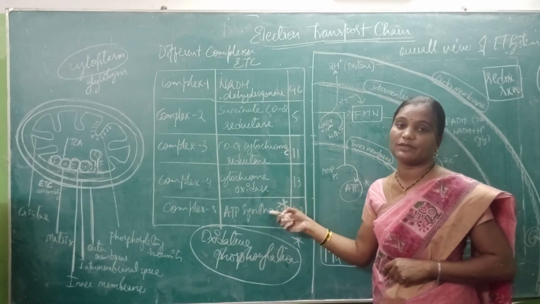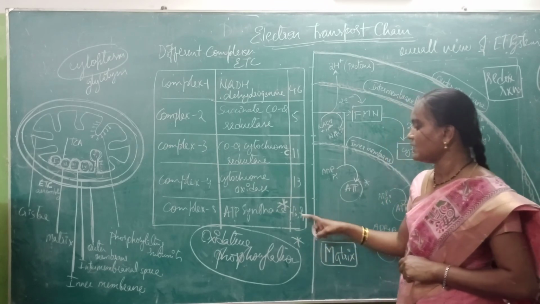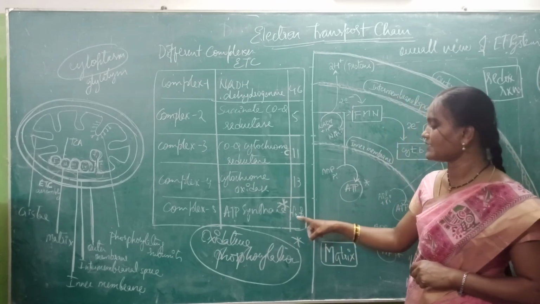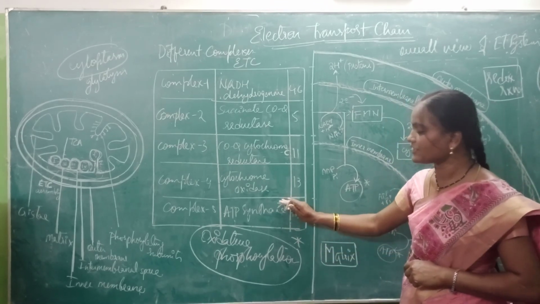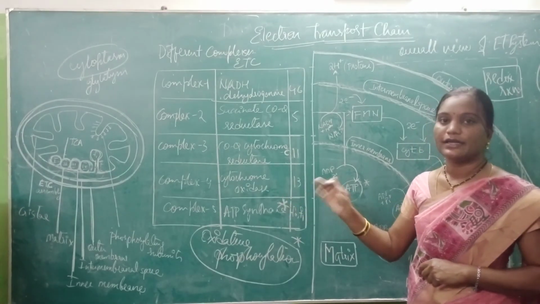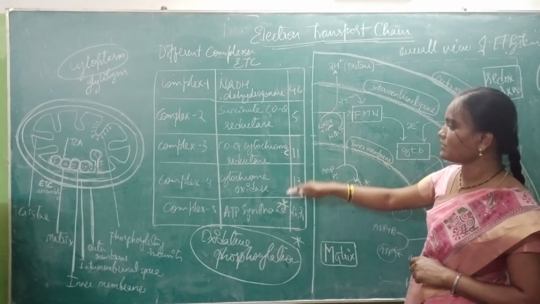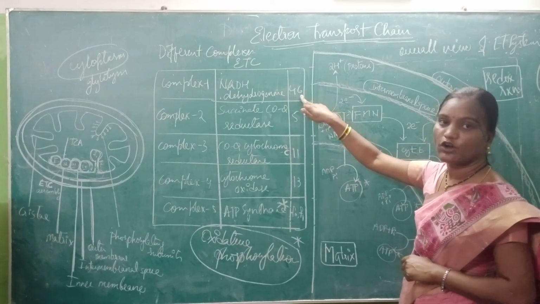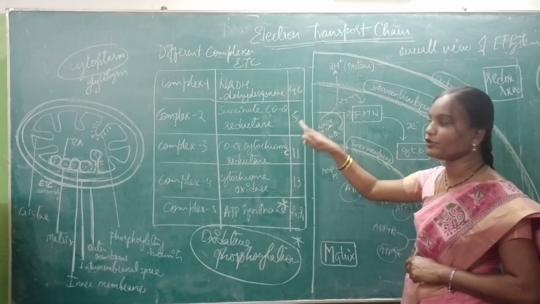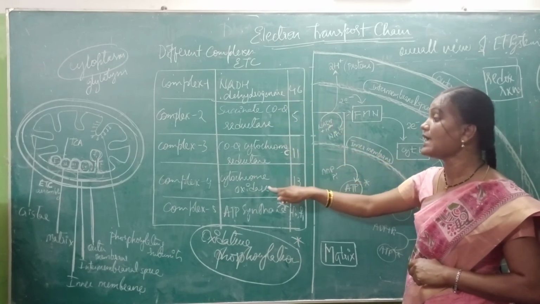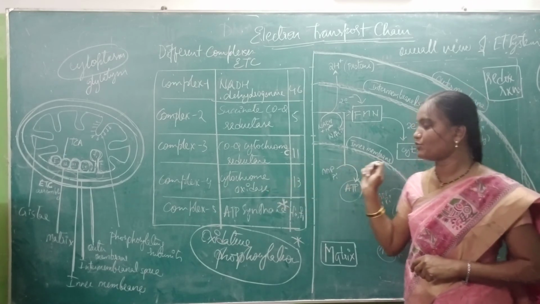Here your actual ATP molecule is synthesized with the phosphorylating subunits, F0 and F1. Complex 5 you will be learning in your next class. Complex 1 contains 46 proteins, complex 2 contains 5 proteins, complex 3 contains 11 proteins, and complex 4 contains 13 proteins.